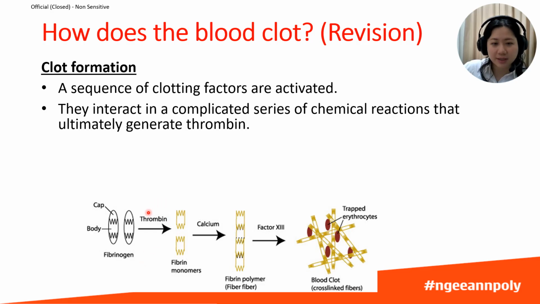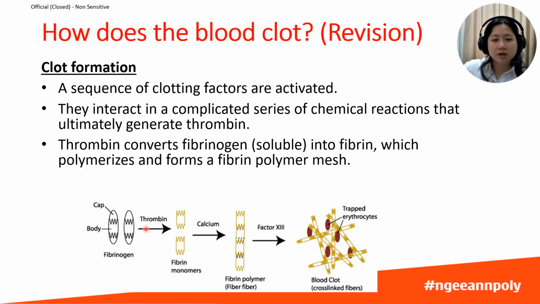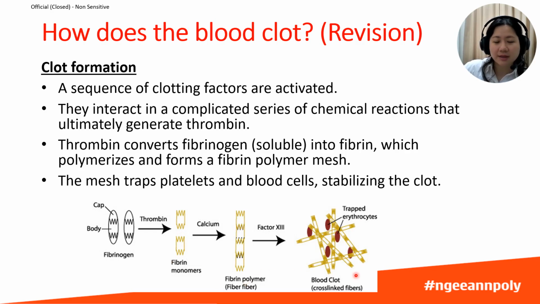So if we look at this flowchart, here is thrombin. Thrombin converts fibrinogen, which is a soluble plasma protein, into fibrin, which polymerizes and forms a fibrin polymer mesh. The fibrin mesh traps platelets and blood cells, stabilizing the clot.